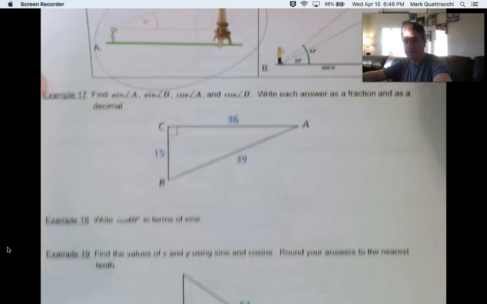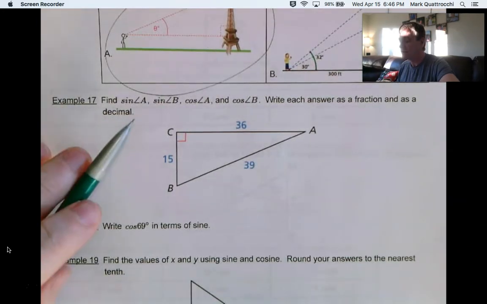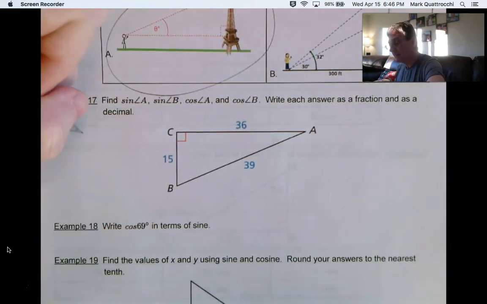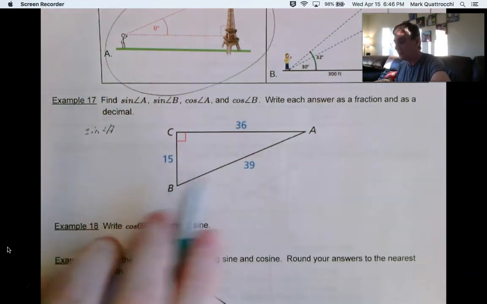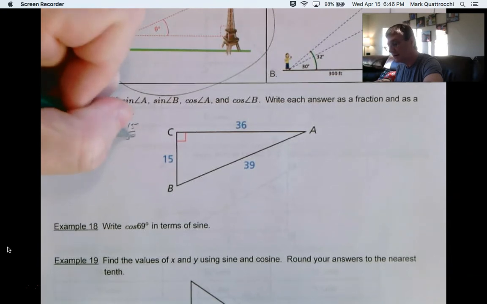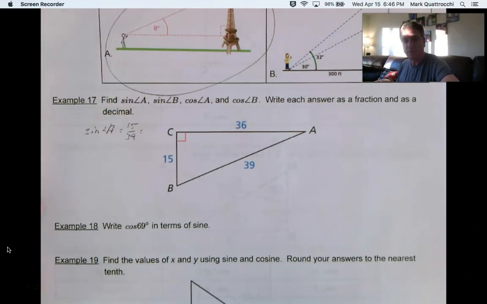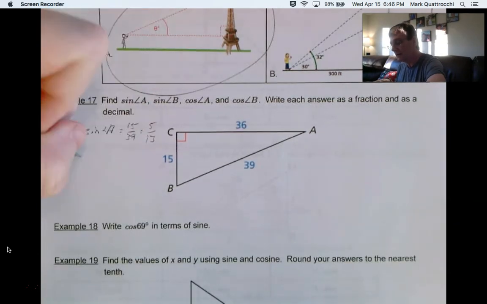Example 17. Find the sine of angle A, sine of angle B, cosine of angle A, cosine of angle B. We're going to write each answer as a fraction and as a decimal. Sine of angle A: sine is opposite over hypotenuse, 15 over 39. 15 and 39 both reduce by 3. 5 over 13.